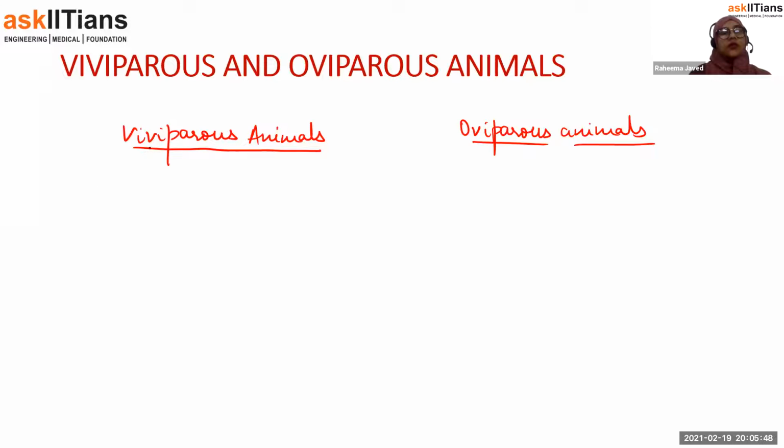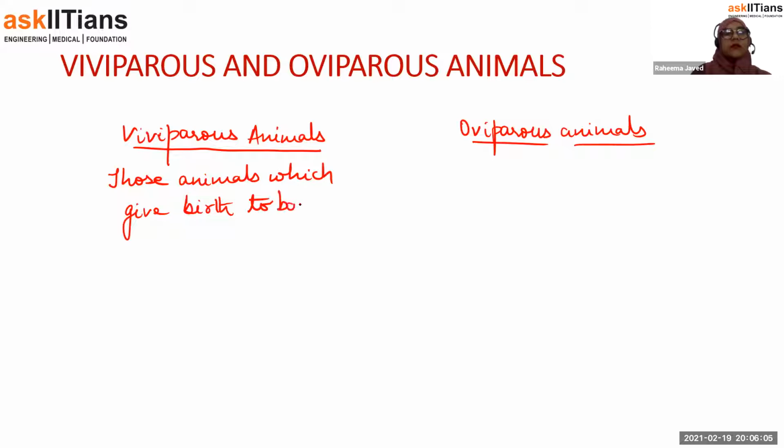Viviparous animals are those animals which give birth to babies of their own, obviously.